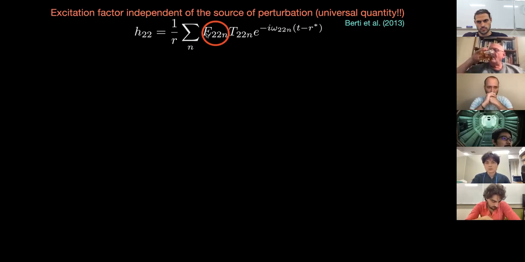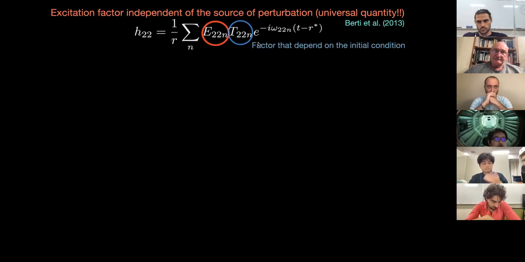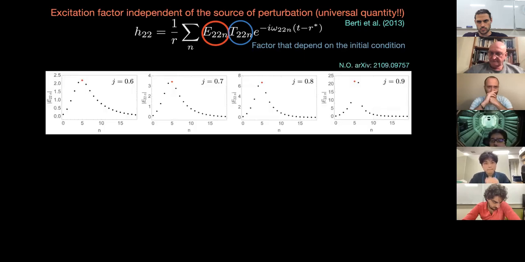E to 2n is the excitation factor, independent of the source perturbation. And T to 2n is the source factor, and all information about the initial data is encoded there.